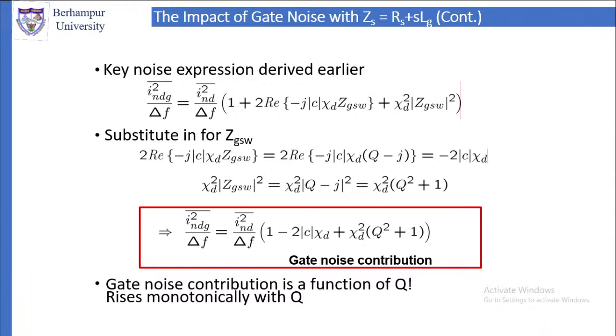So except the constant 1 in the bracket, the rest is the gate noise contribution. The gate noise contribution is a function of Q now. It will increase monotonically with Q, which means as you increase Q, the gate noise contribution will increase.